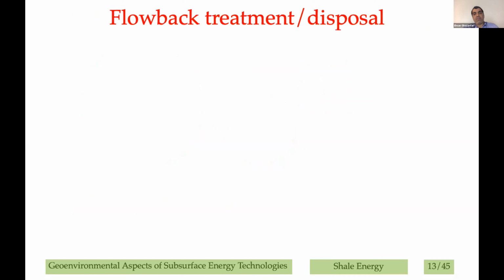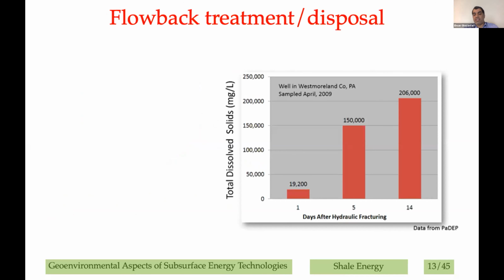Now, I mentioned the flowback. That is between 5 to 15% of the injected fluid that returns to the surface and needs to be either recycled or treated. So that poses a significant challenge. One of the issues with the flowback water is the high TDS level.